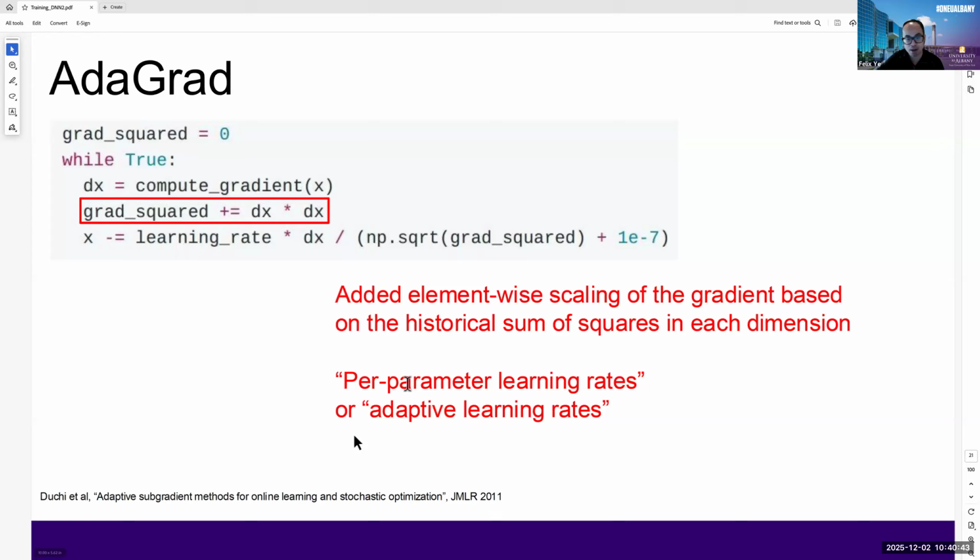This is called a per-parameter learning rate, or adaptive learning rate. This is very important.